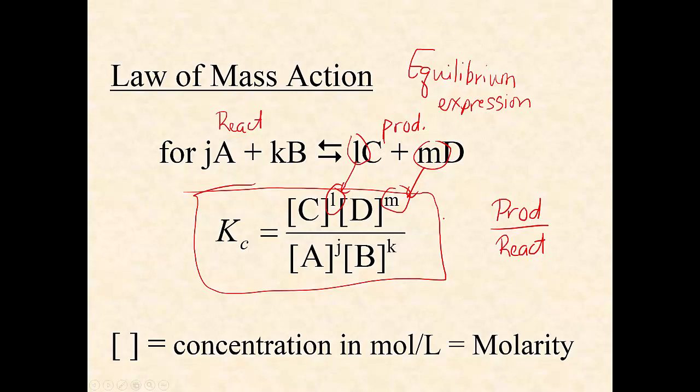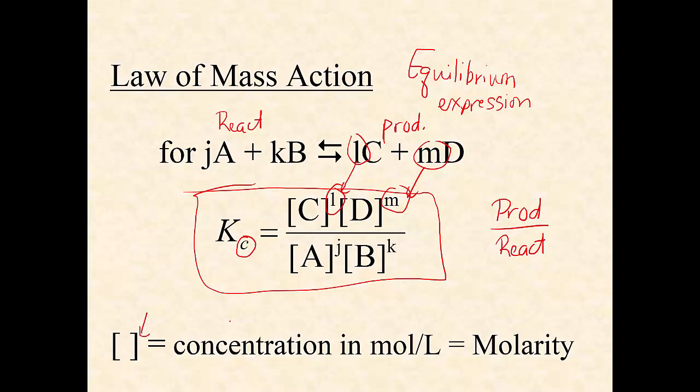For equilibrium expressions you have to use the balanced equation. They're both K's, and again this is a large K, capital K. We're going to spend a lot of time looking at different types of K's, but it's always products over reactants. That will not change.